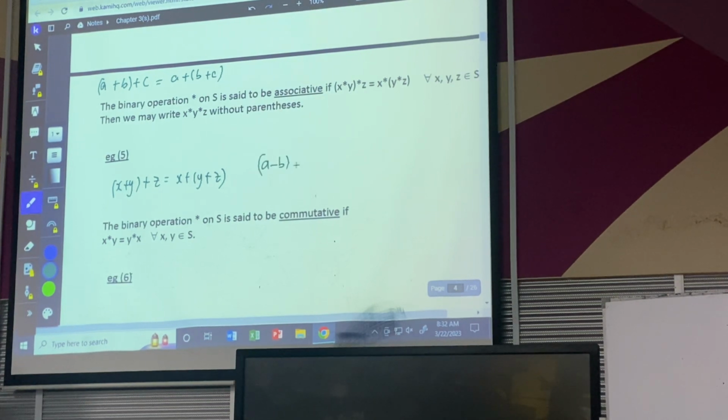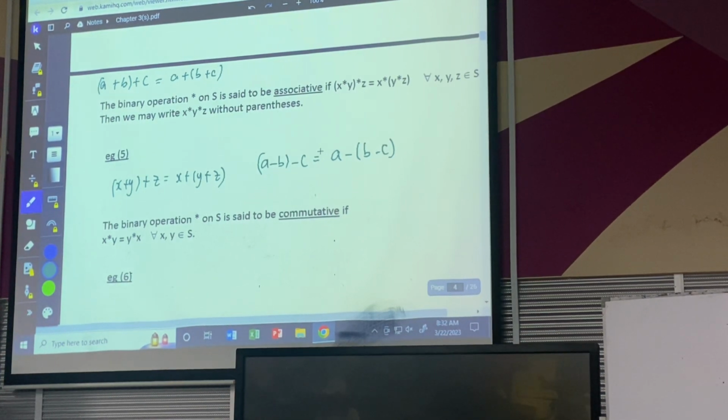A minus B minus C, is it the same as A minus B minus C with the brackets on the other side? Same or not? No, not the same.